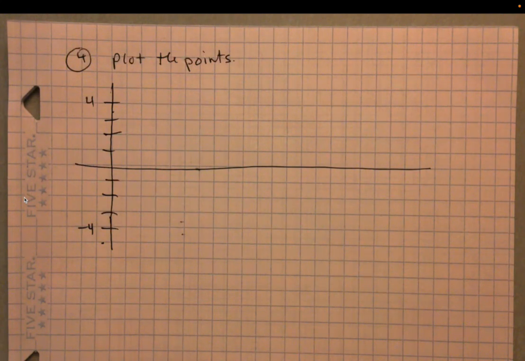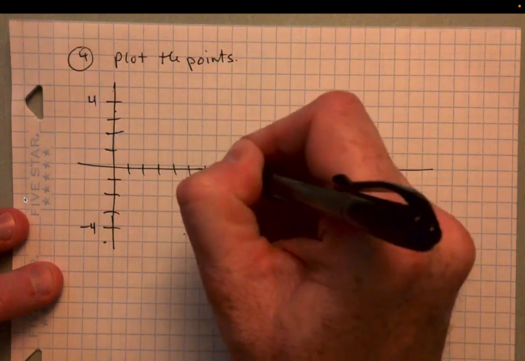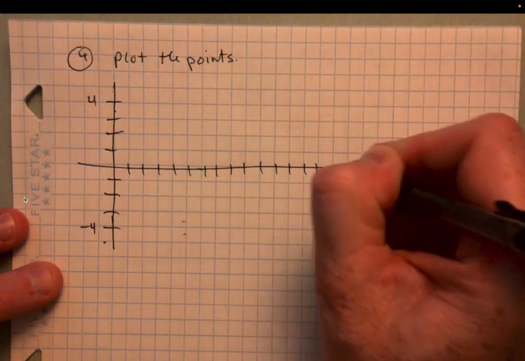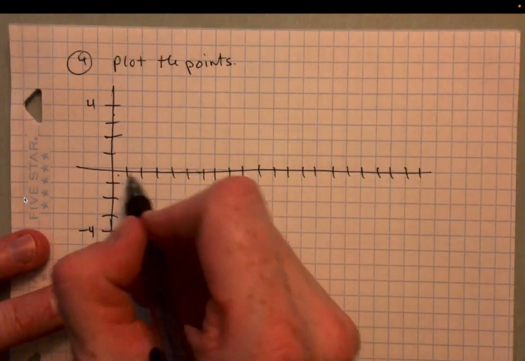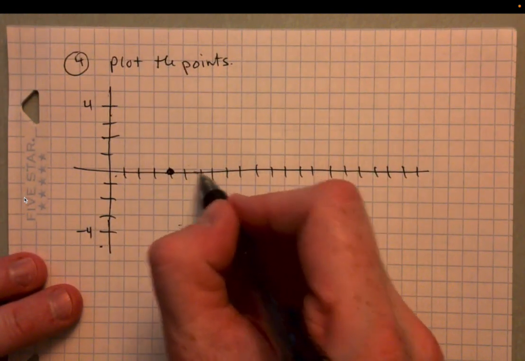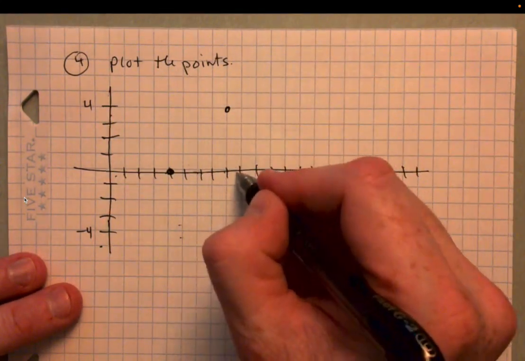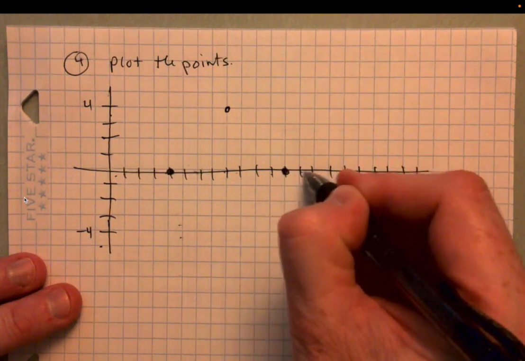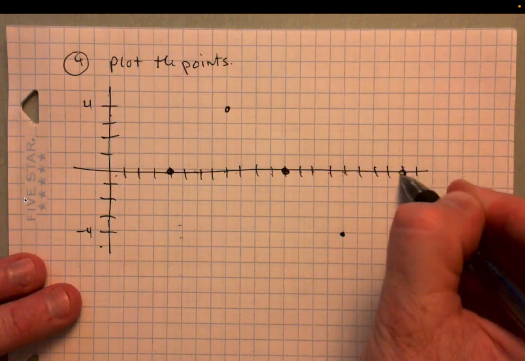And I'm going to just count everything out in terms of quarter pies. 1, 2, 3, 4, 5, 6, 7, 8, 9, 10, 11, 12, 13. Just put a bunch of these on here. It's going to start here at 0. And then 4 more, it'll be up at 4. And then 4 more, it'll be back at 0. And then 4 more, it'll be down at -4. And then it'll be back up here.